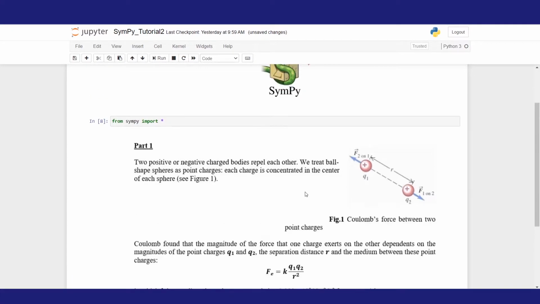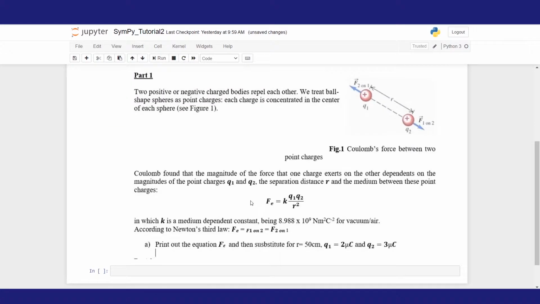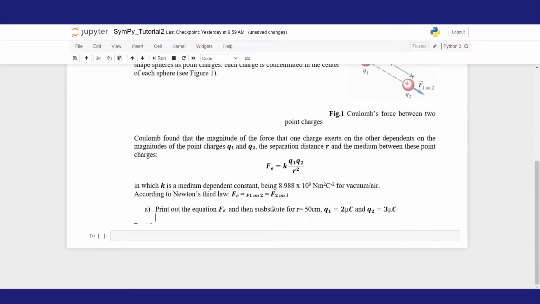So we have imported SymPy, and as far as this question is concerned, we can see that we have charge 1, charge 2, a radius, which is the distance between these charges, and then k, which is the constant. All right, so we are going to begin by writing our symbols or our variables.